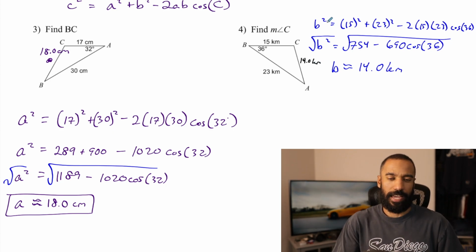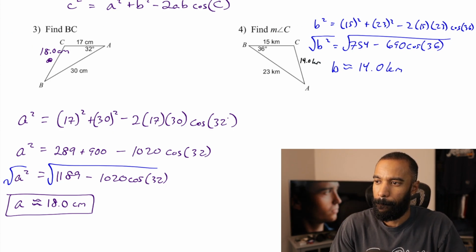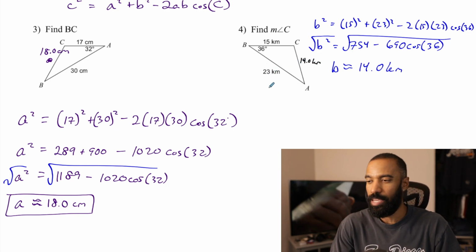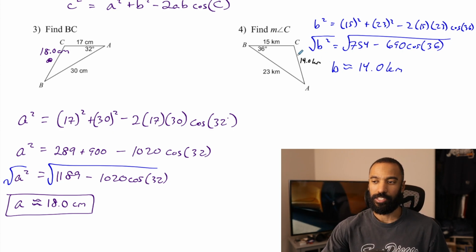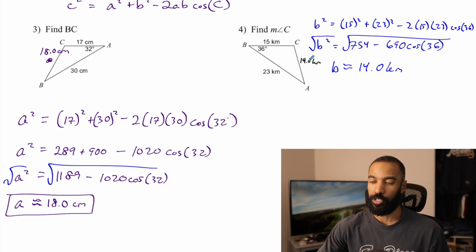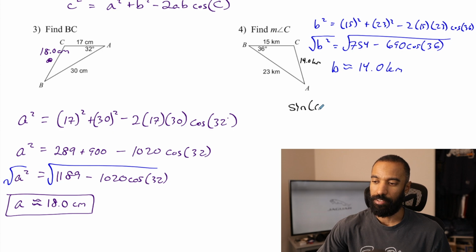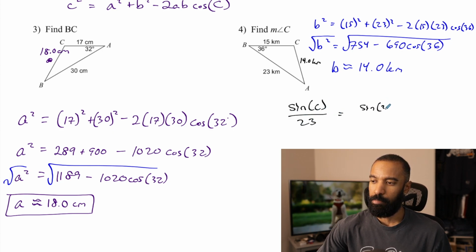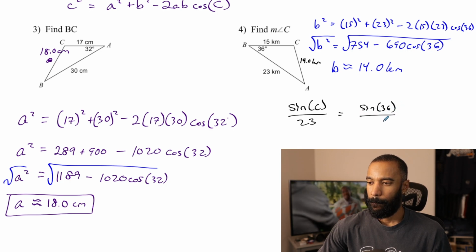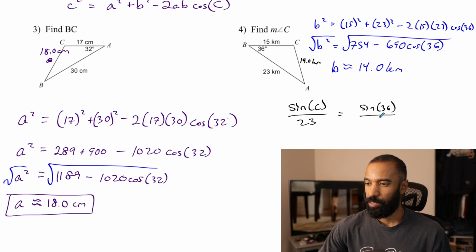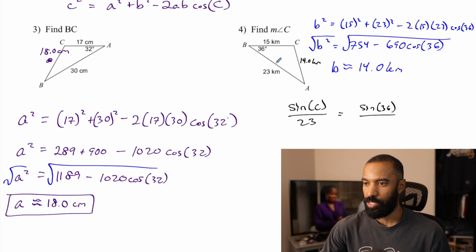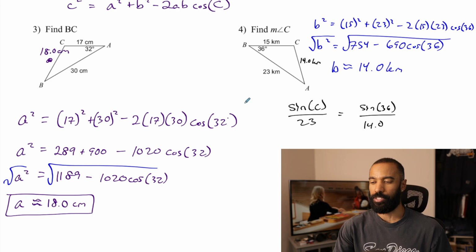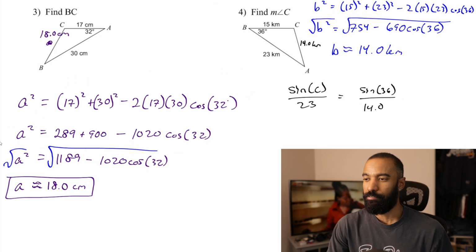Now, it's not exact, and I need to use this length still in some capacity. I'm either going to do law of sines now, which I won't actually do this way. I want to show you a different way. But I can do sine of c over c equals sine of b over b. What's b? Sine of b over 14. So you have to use that 14 eventually anyway.